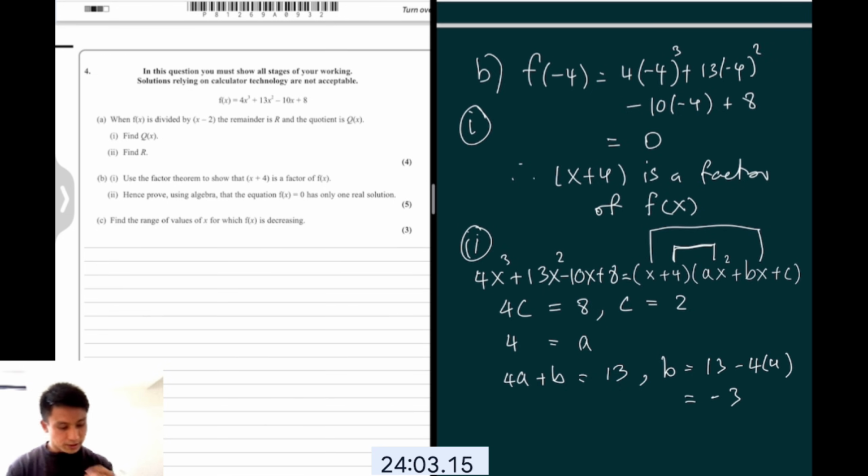So it's minus 3. So x plus 4 times 4x squared minus 3x plus 2 would be equal to 0. I'm just checking everything. 16 minus 3, yeah.